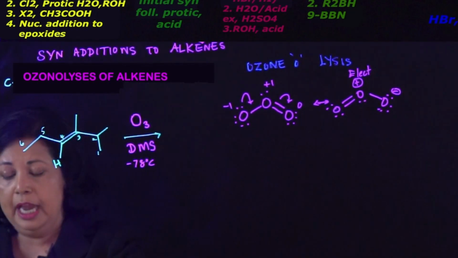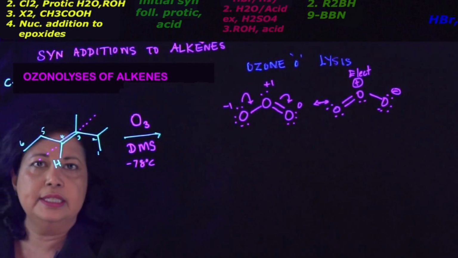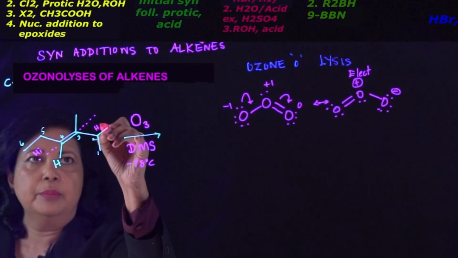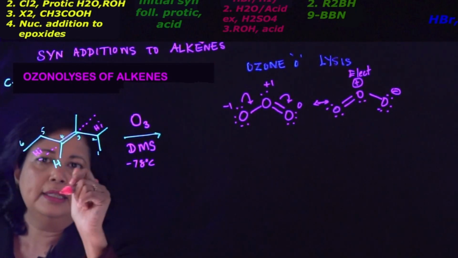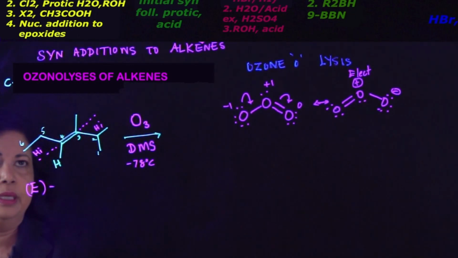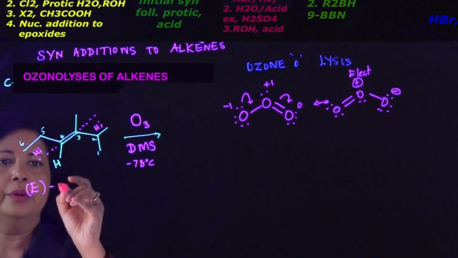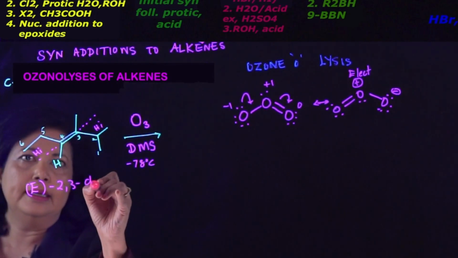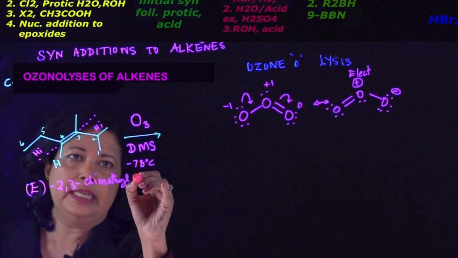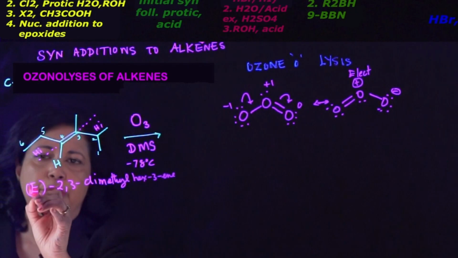But we also have an asymmetry here, and you will have E and Z. In this case, this is higher priority, and here this is higher priority. So this is a trans or an E double bond. And since there's going to be an alkene on the 3 position, you would call this a 2,3-dimethyl-3-hexene. You can even put a 3E here.